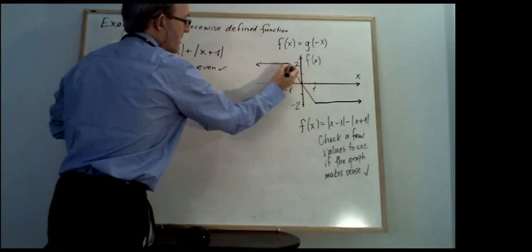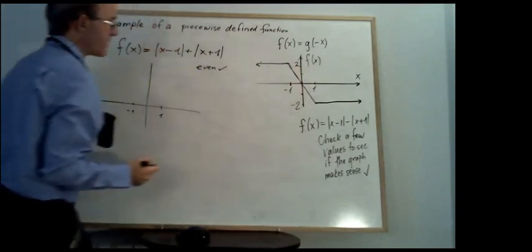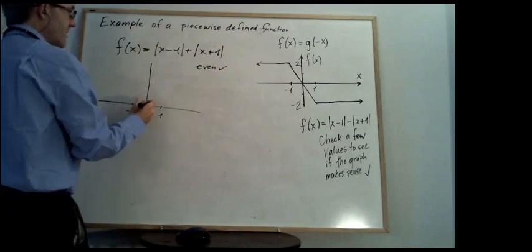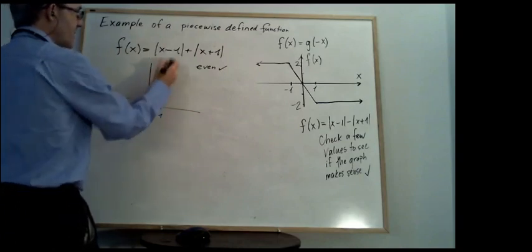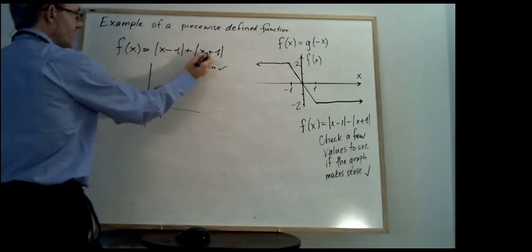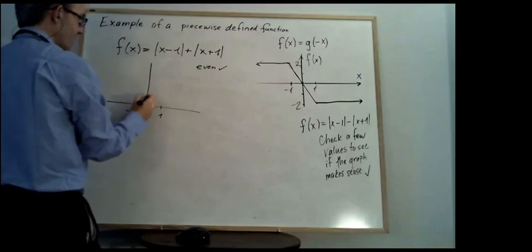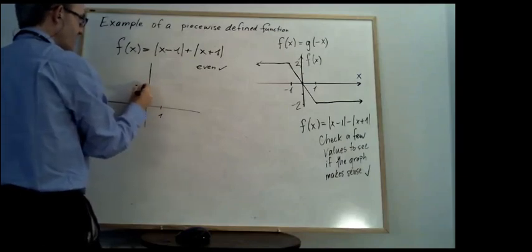So it's continuous at these points. So here, between minus 1 and 1, this, for example, will give you 0. X equals 0 gives you 1 here, and this will also give you 1. So you get the constant value of 2 between those 2 points.